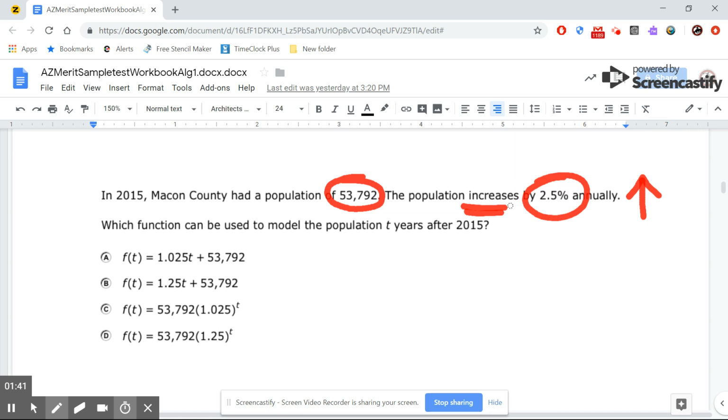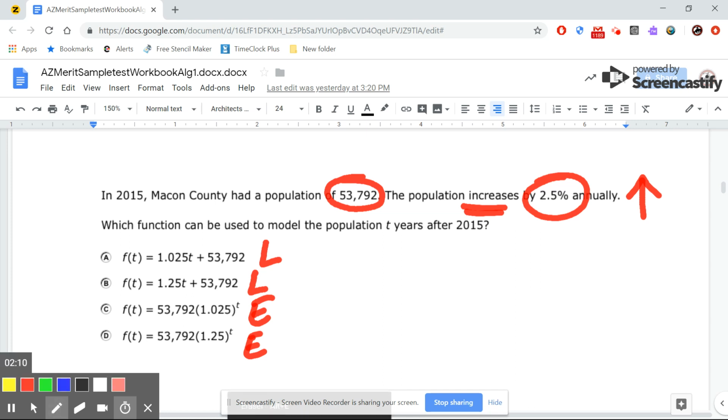They are asking which function can be used to model the population t years after 2015. The four choices are provided to us, and the choices listed here are f of t, that means a function of t, equals 1.025t plus 53.792, and so on. Out of these four choices, I see two are linear and the other two are exponential.